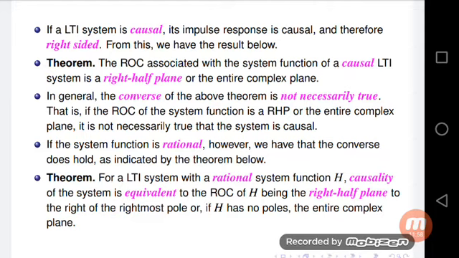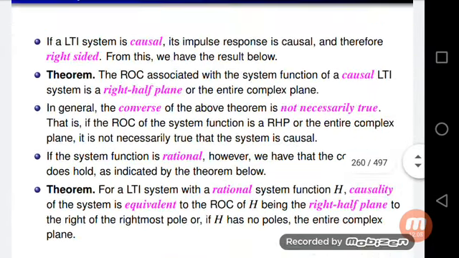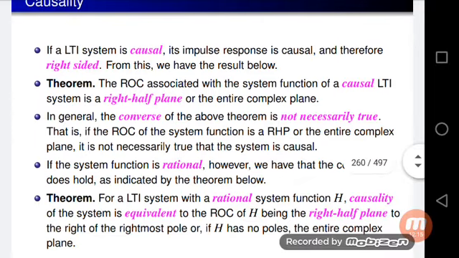If H has no poles, then the ROC is the entire complex plane. So these are some rules we use in causality related applications.